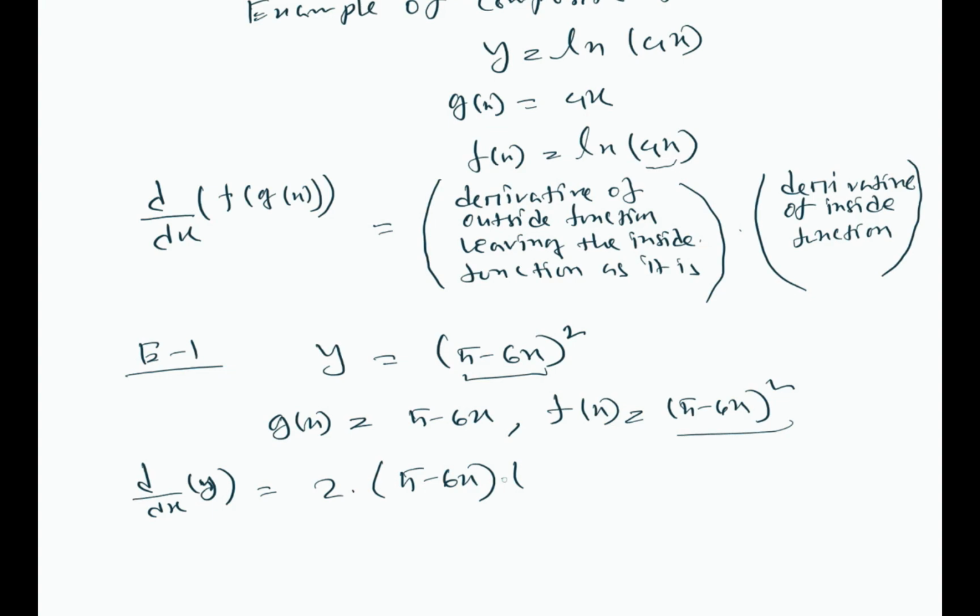And now differentiate the inner function, which is 5 minus 6x. So the derivative of 5, which is a constant, is 0, and the derivative of minus 6x is actually minus 6, right? So the answer would be minus 6 times 2, so minus 12 times (5 minus 6x). So this is our final answer for this question.